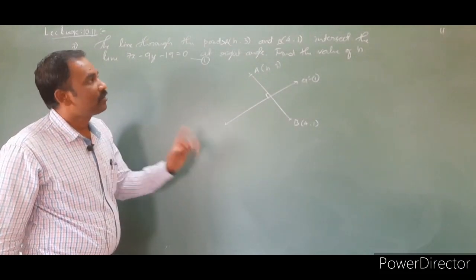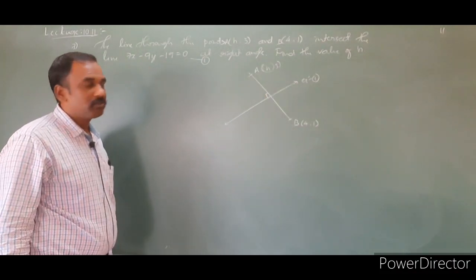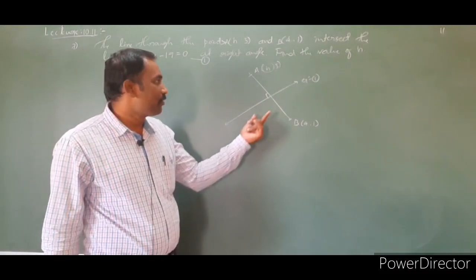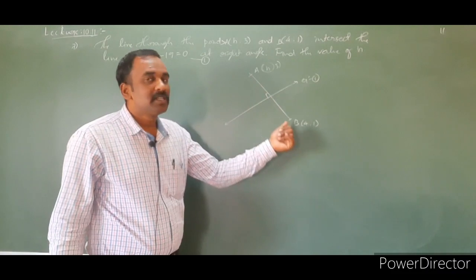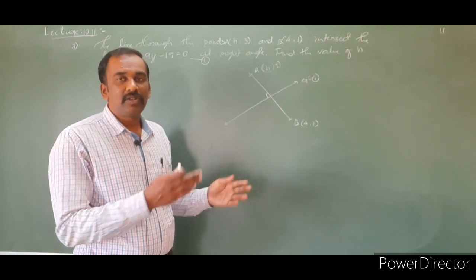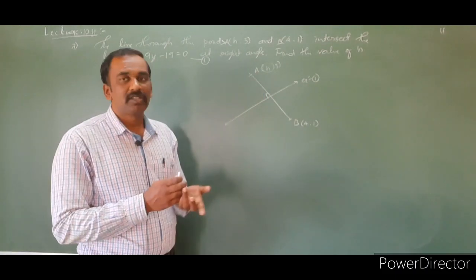Are you clear? Then find the value of h. This is the unknown value h, that h value we need to find. How can we find that? So here line equation is given, here line segment is given. These two lines are mutually perpendicular. Then how to find the unknown value h?